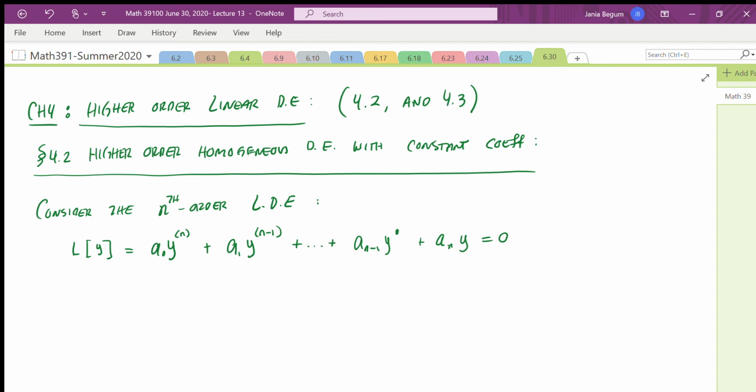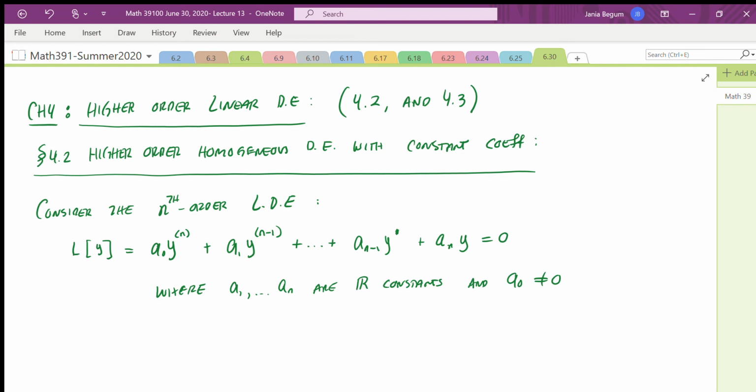This is what we call an nth order linear differential equation, linear in terms of y, where a1 all the way up to an are all real constants. And a0 is not 0, because we want to talk about nth order, so we want to make sure a0 is not 0.